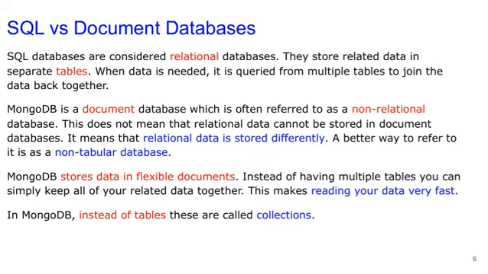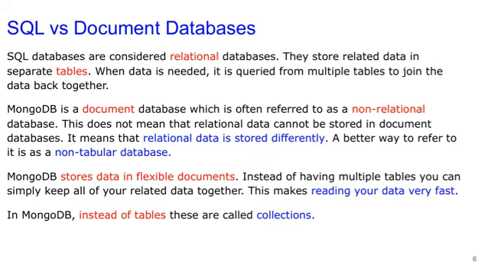On the other hand, MongoDB is a type of document database, which is often referred to as a non-relational database. Now, I want to clarify that this doesn't mean relational data can't be stored in document databases. It simply means that the way the data is stored is different. Instead of using tables, data is stored in flexible, self-contained documents.